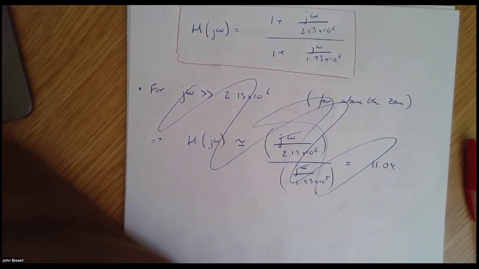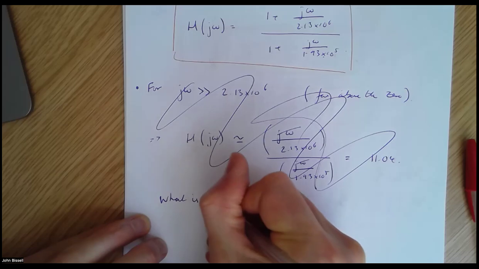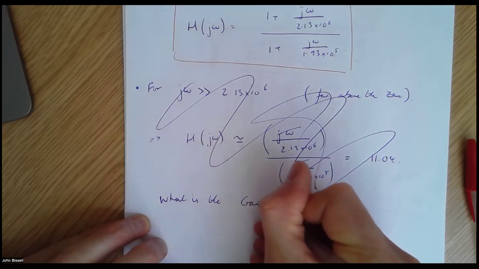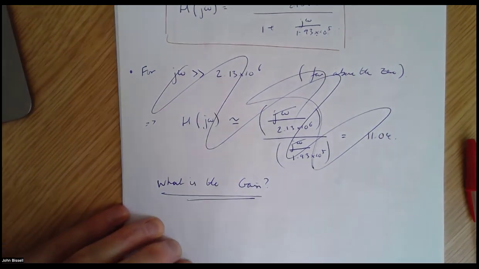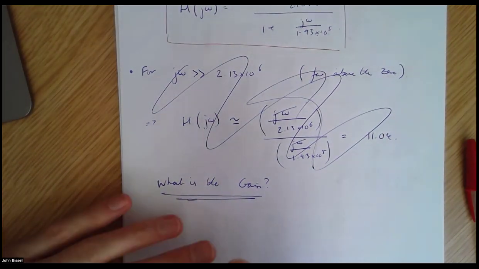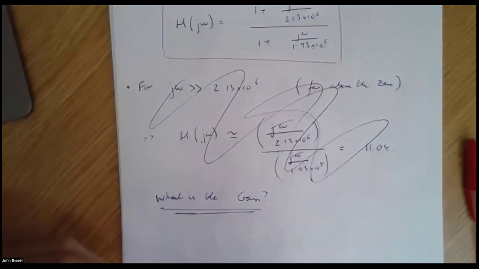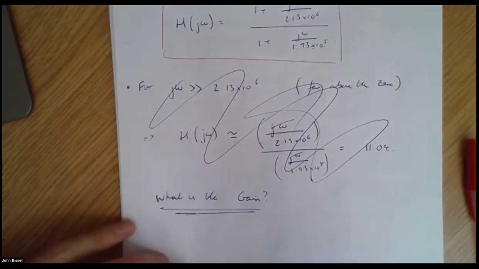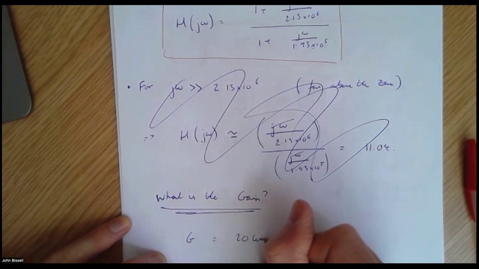Right. What's the gain? Somebody tell me what the definition of the gain is for the circuit. It's 20 log base 10 of output voltage over input voltage.